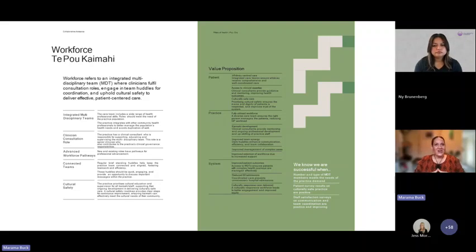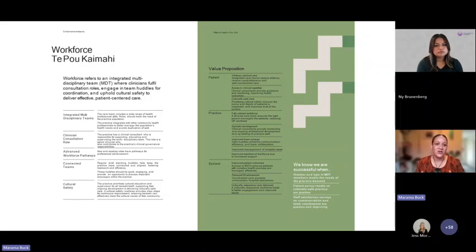I'm not a kai whakairo, but what we know about pou is that they are formed or created from the bottom up. So our vision for how you use the elements is to go from the bottom up. The foundations are at the bottom, moving up the rungs, I suppose.